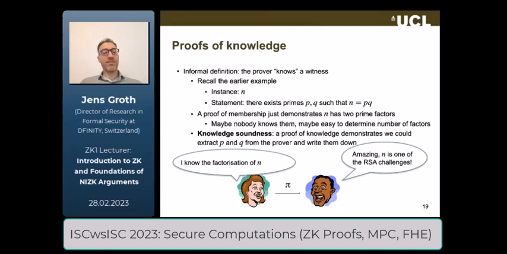And maybe the verifier thinks that's really amazing because it's one of the RSA challenges. Okay, so whenever you have a proof of knowledge, that's stronger than just standard soundness, right? Knowledge soundness implies the prover knows a witness, and soundness just says there exists a witness.